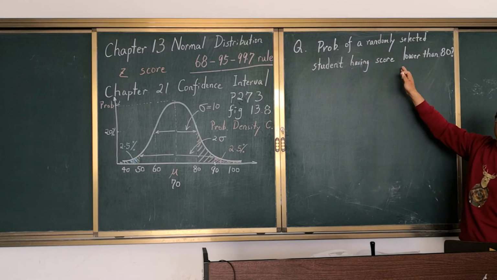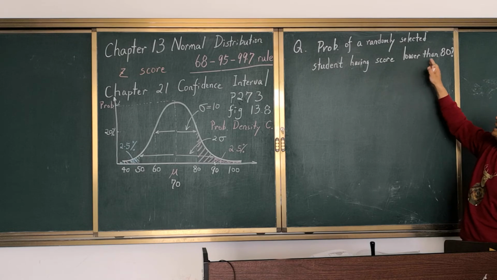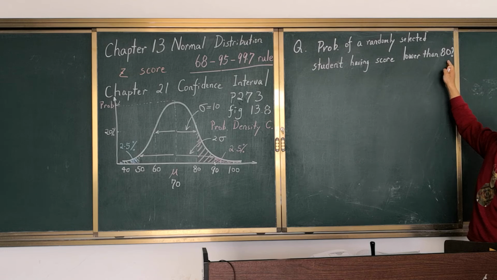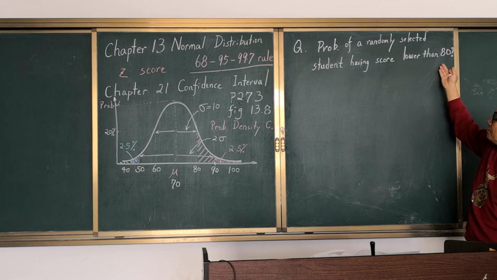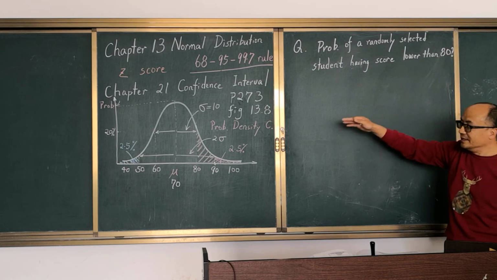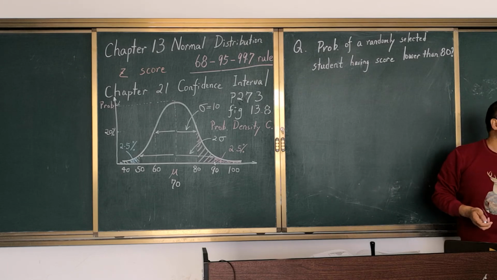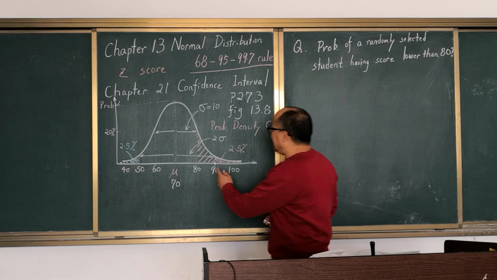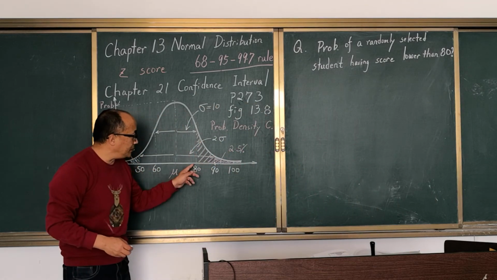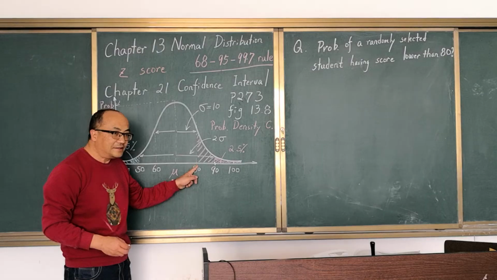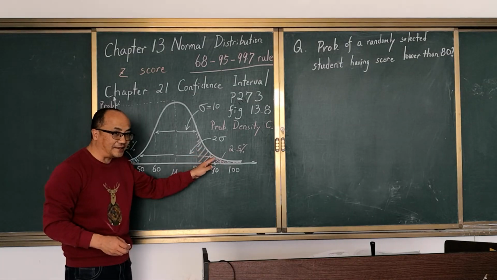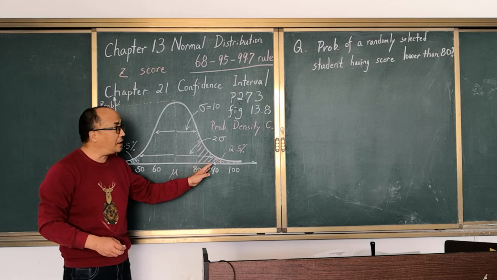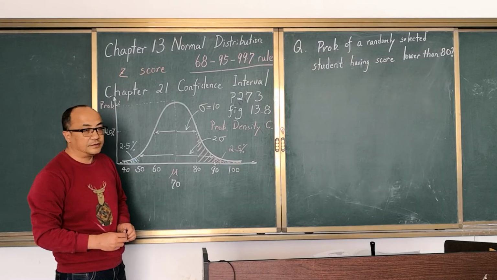You can do it as higher than 80, then 100% minus higher than 80 gives lower than 80. This pink area is the probability higher than 80.